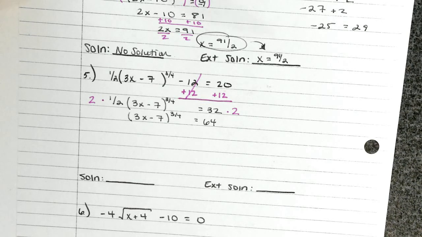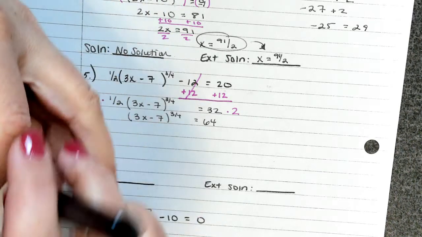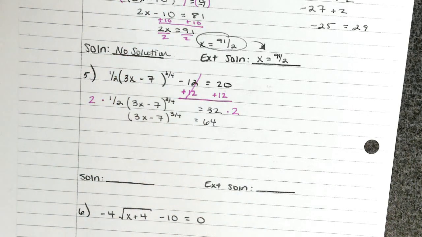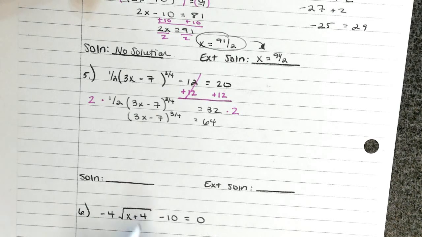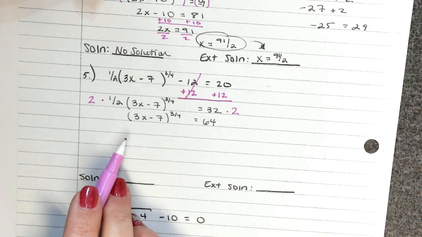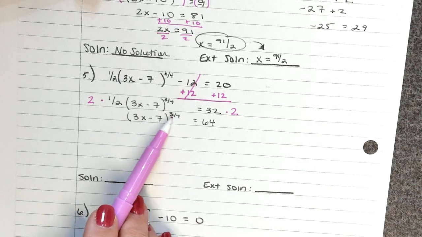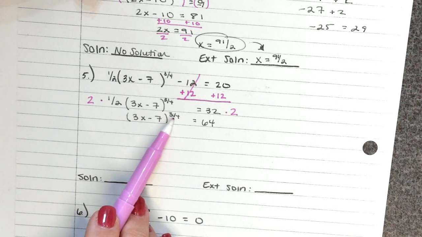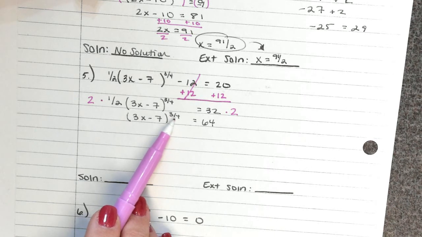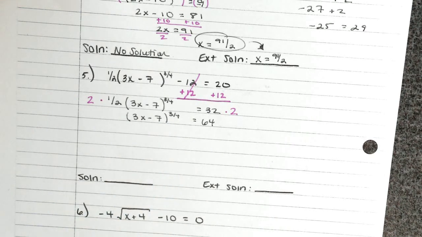Okay. Now that we have it here, number 5, what comes next? We have 3x minus 7 to the 3/4 power equals 64. You take the reciprocal of 3/4, which would be 4/3, and what do we do with that 4/3? Multiply both sides by... I don't want to multiply both sides by it.